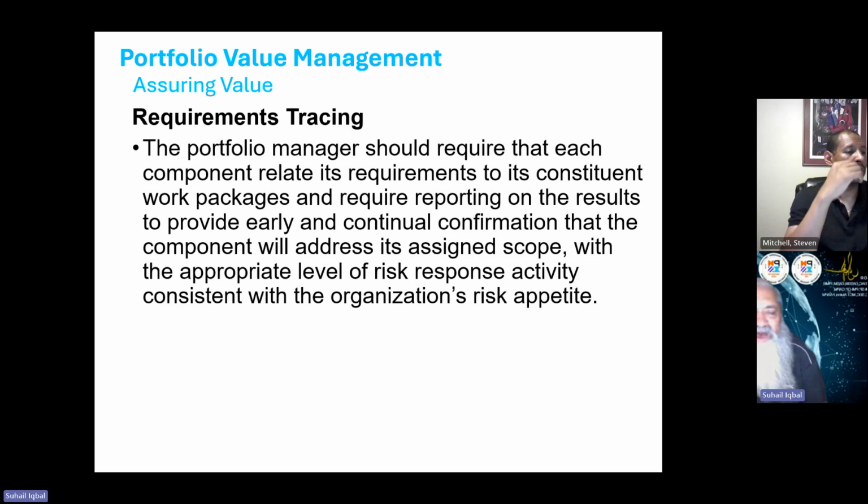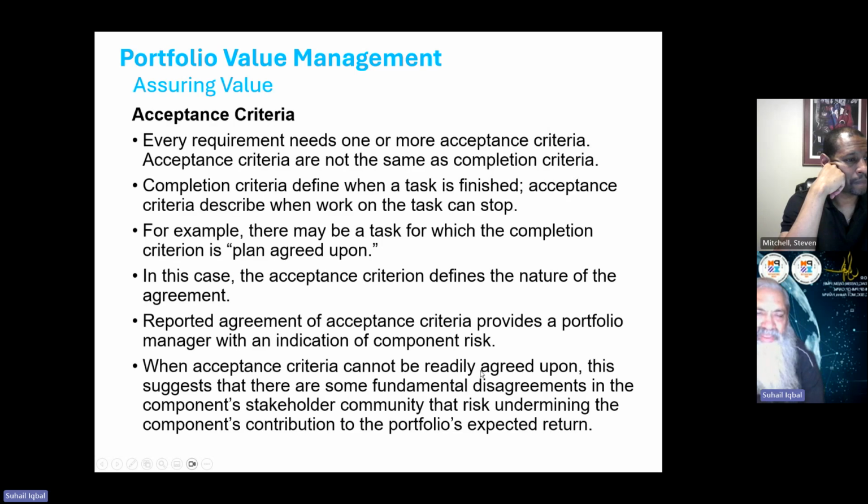Your work packages are probably not designed around the requirements, and they require reporting on the results or something like that. So you see, requirement tracing can hint to us if there is loss of value anywhere, the leakage of value anywhere in any component.